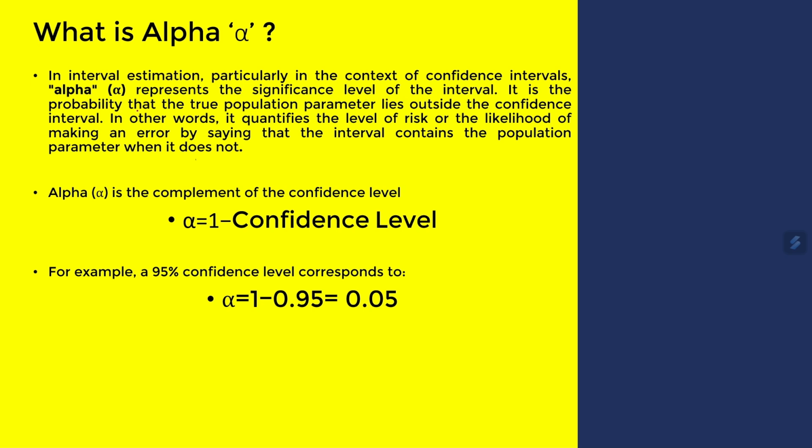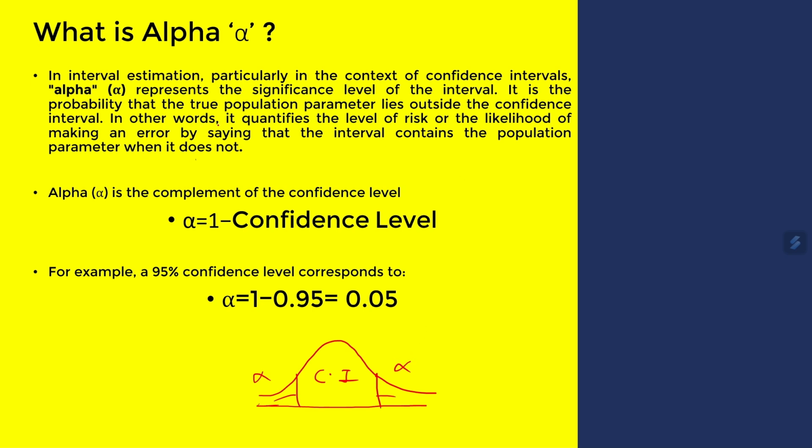It is the probability that the true population parameter lies outside the confidence interval, as I mentioned earlier. Let's understand this with the help of a diagram. This is our confidence interval, and this is the outside portion. Here lies our alpha.